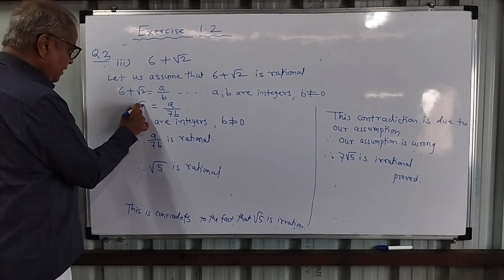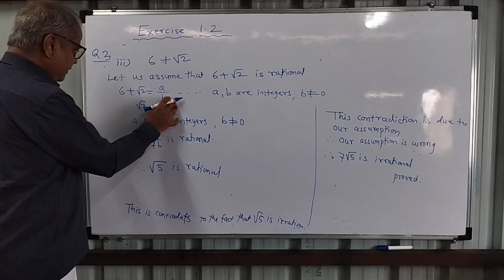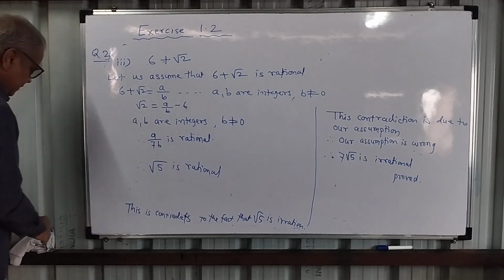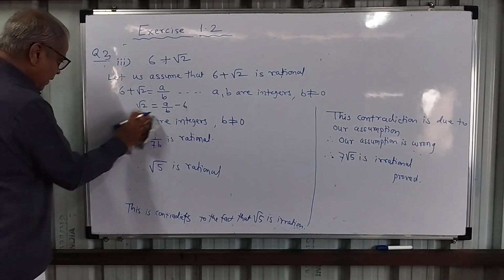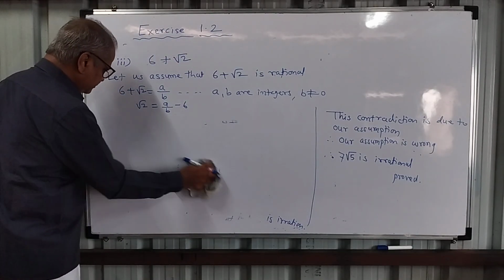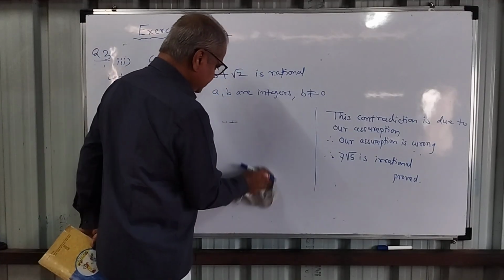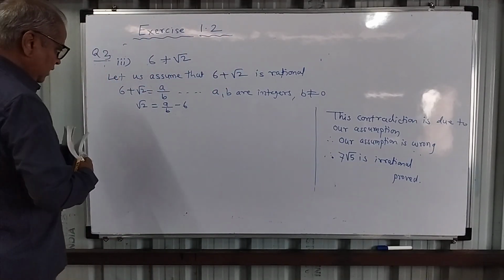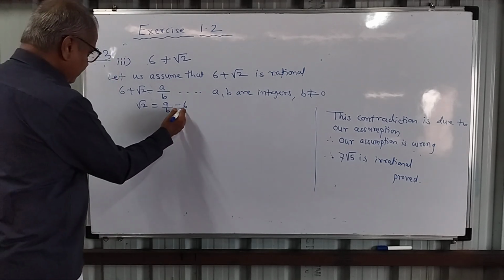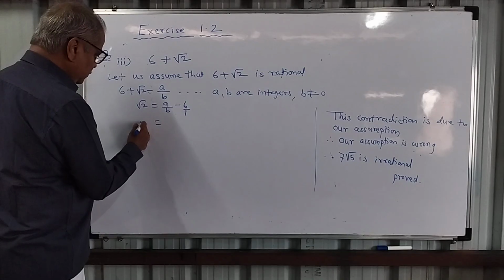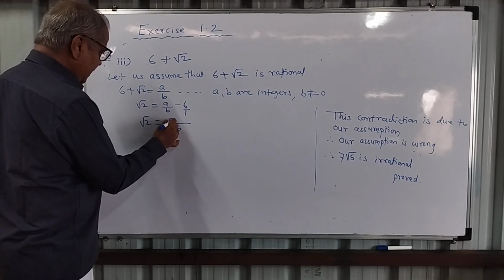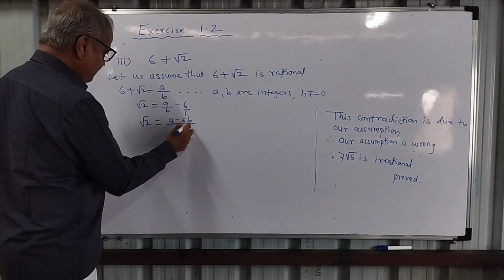Keep root 2 on one side. This will be a upon b minus 6. Solve this. So this means 6 upon 1, which is equal to, denominator b, cross multiplication, a minus 6b.